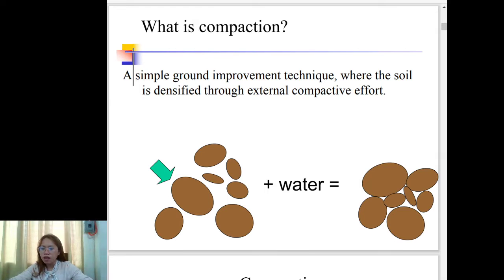Adding water, plus the compactive effort or compaction, if you happen to visit a construction site, then kanang sa pavement or sa dalan, ginabalik-balikan na siya og ruler or pison, then that is compaction.